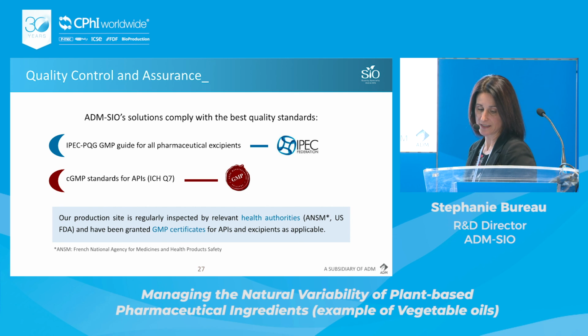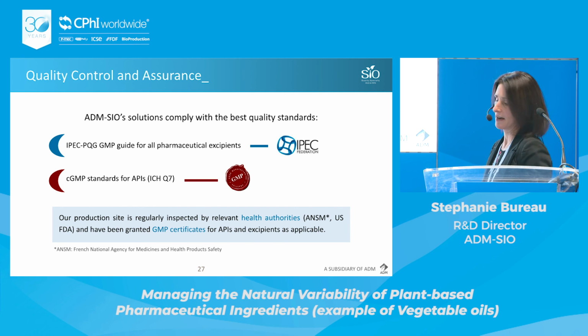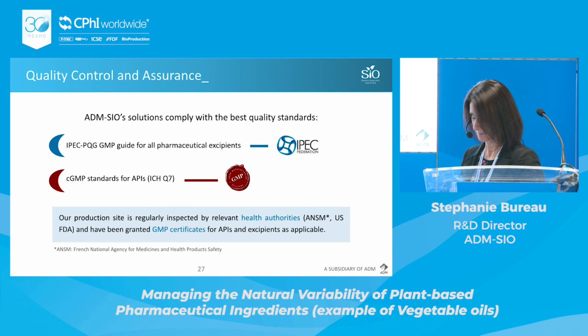Our production site is regularly inspected and audited by the relevant health authorities like ANSM and US FDA. And we have been granted the GMP certificates and attestations for our APIs and excipients. And each day we commit to bringing the same care to excipients production as to APIs.